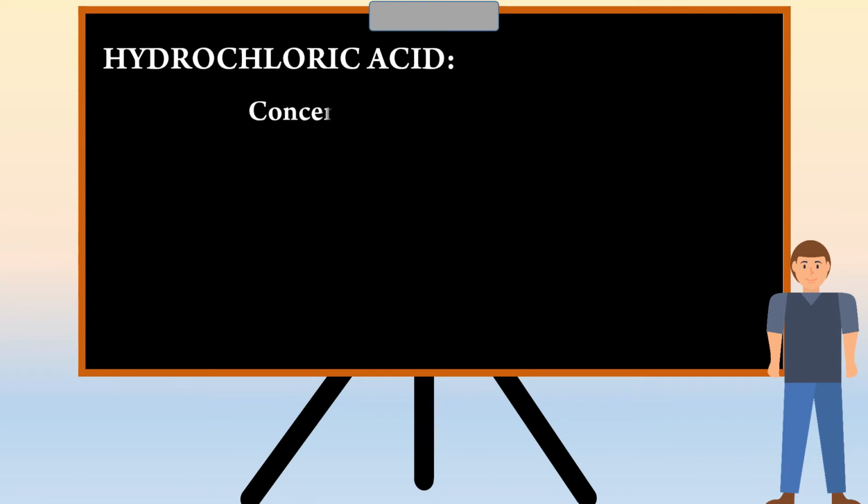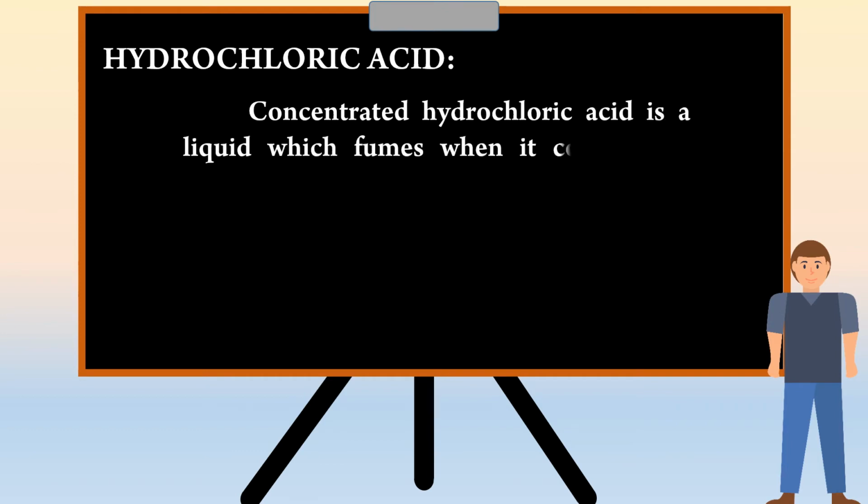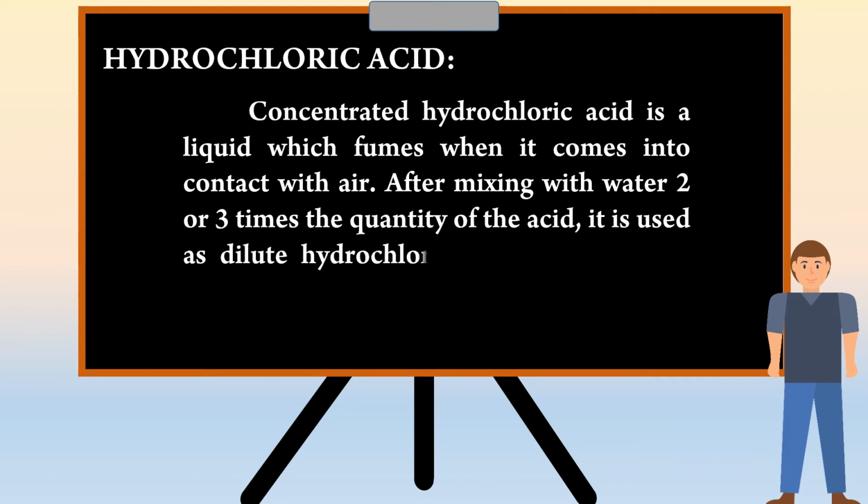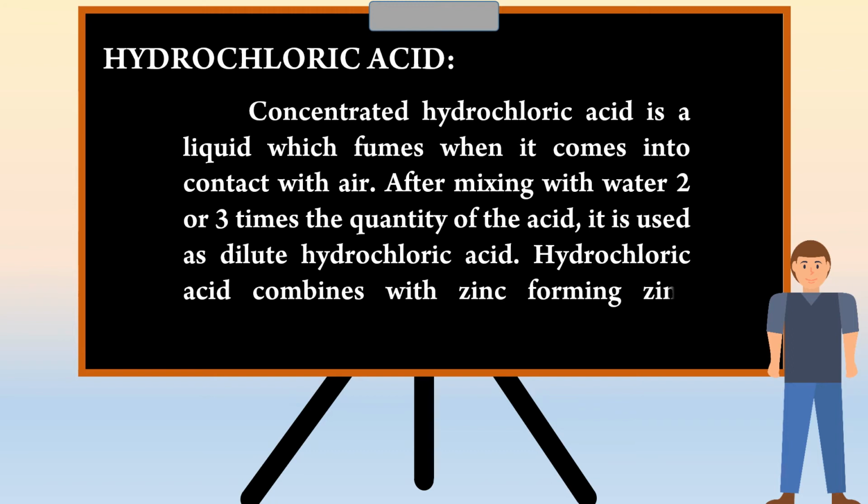First, see the definition of hydrochloric acid. Concentrated hydrochloric acid is a liquid which fumes when it comes into contact with air. After mixing with water, 2 or 3 times the quantity of the acid, it is used as dilute hydrochloric acid.